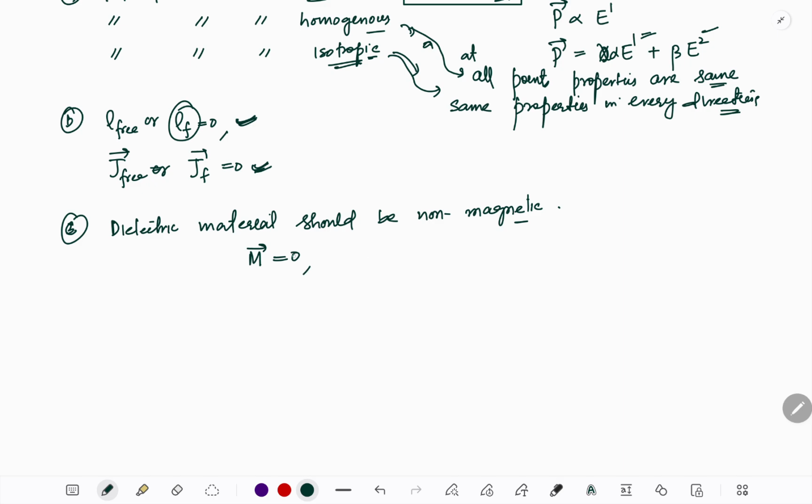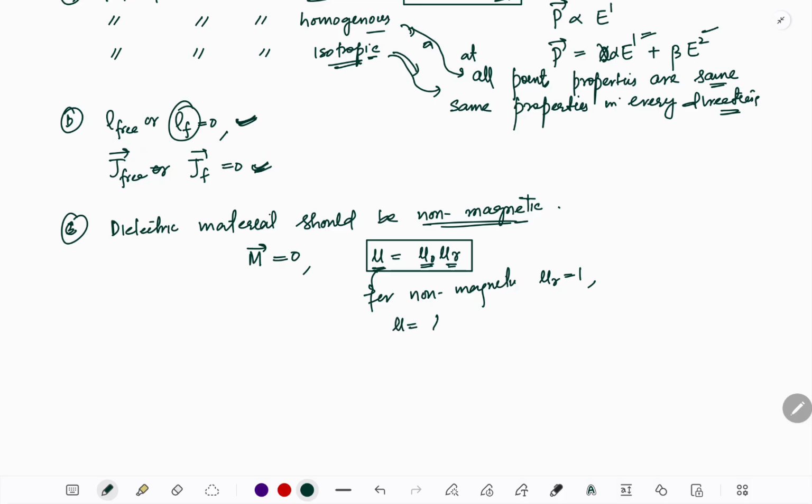And there is one more important thing about the non-magnetic dielectric material: we know mu is mu 0 mu r. This is the permeability of free space, this is the relative permeability, and this is the permeability of the medium. This is general for every dielectric material, but for non-magnetic, mu r is 1, so mu is mu 0.